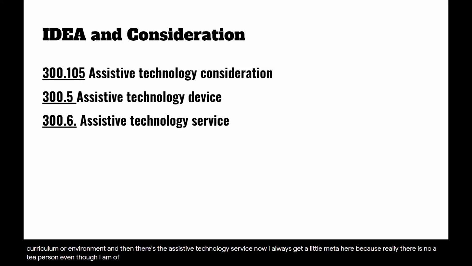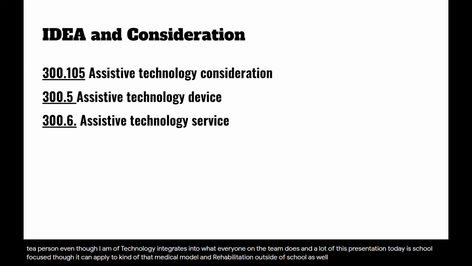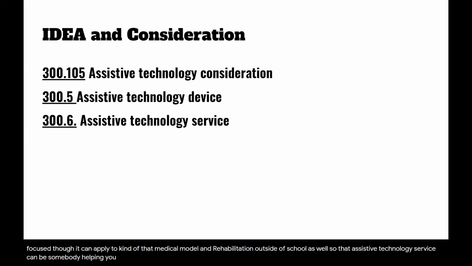Assistive technology integrates into what everyone on the team does. And a lot of this presentation today is school focused, though it can apply to that medical model and rehabilitation outside of school as well. So that assistive technology service can be somebody helping you match up a device, obtain a device, train on a device, and make sure that the student is set up for success.